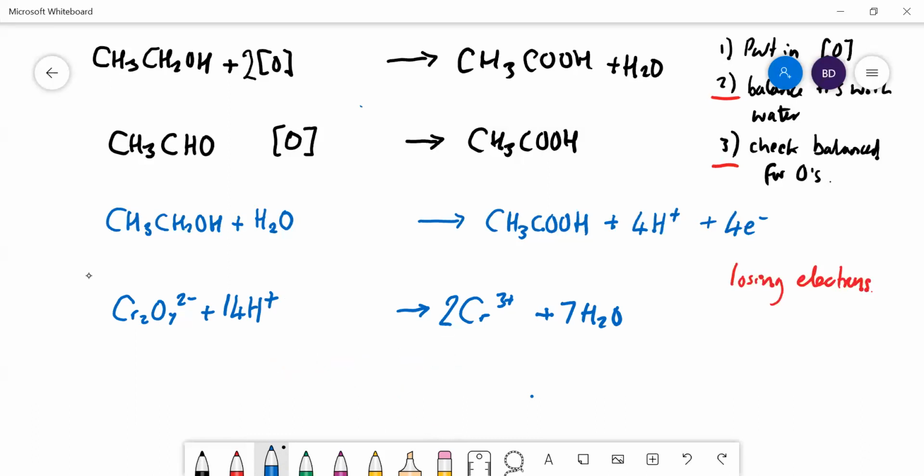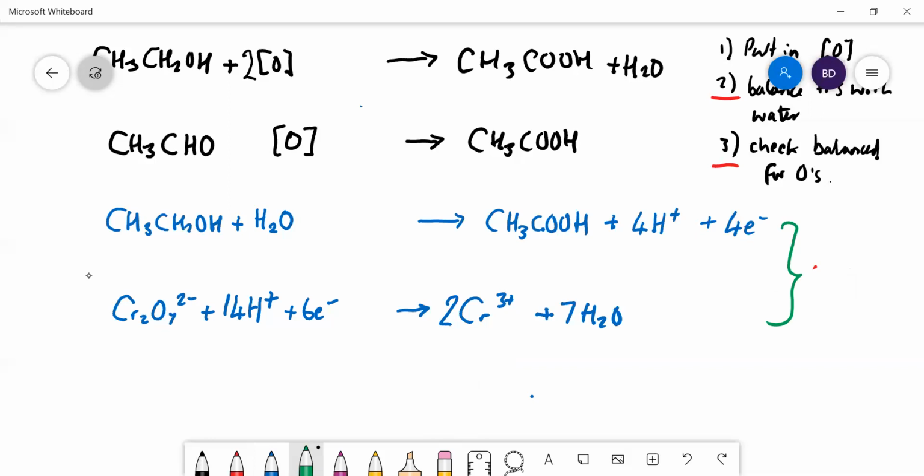Now balance for charges, and be careful here. On the left we've got plus 12: 14 minus 2 is 12. And don't forget it's 2 times 3 plus on this side, so we've got plus 6 there, which means we need to put 6e- on this side of the equation. If you wanted to write the full equation, you would have to combine the 2 half equations.